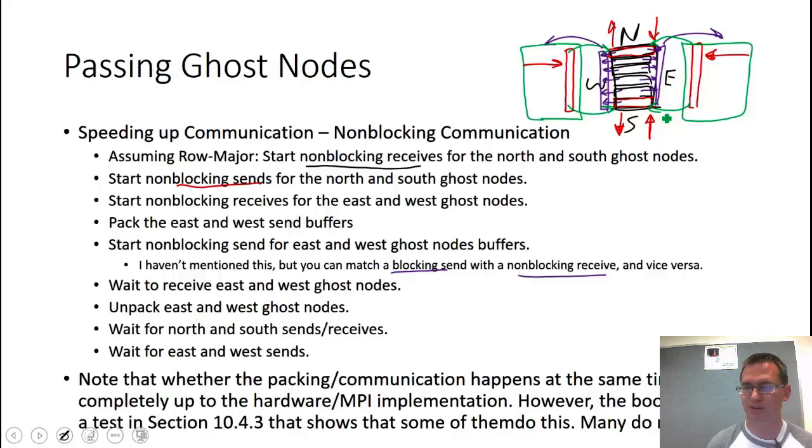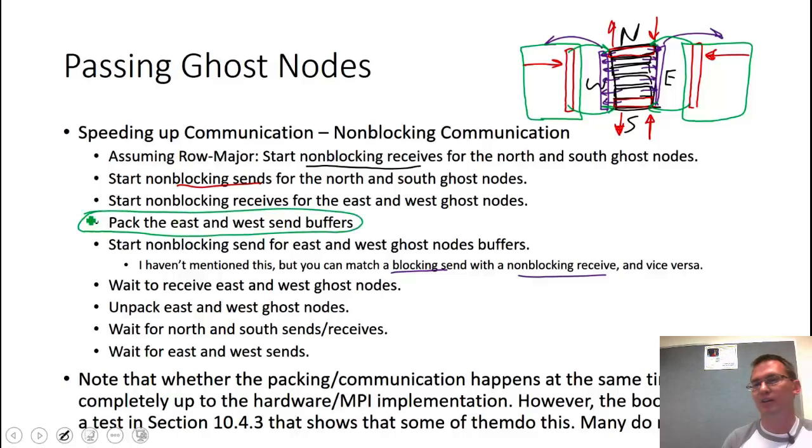Now, the reason this is efficient is because we start our receives and we start sending our north and south ghost nodes. And we don't have to wait for those to happen. While that is going on, we can then pack the east and west send buffers.